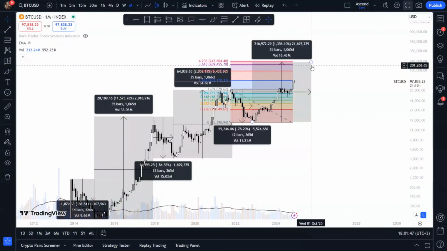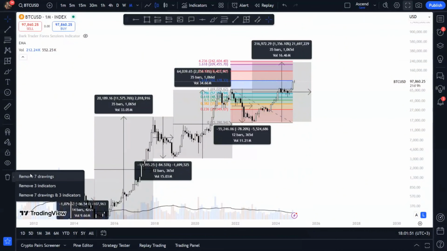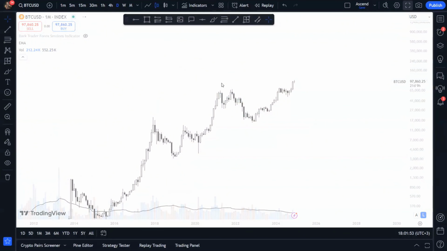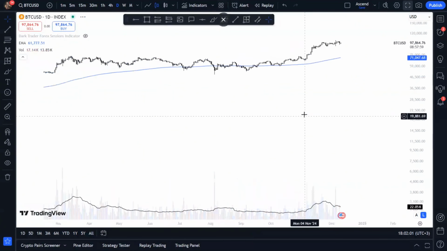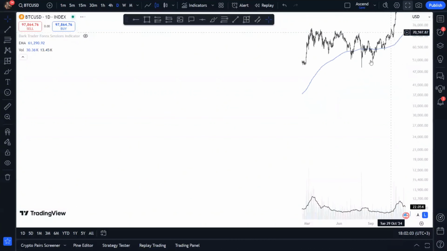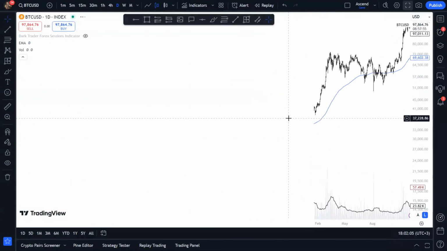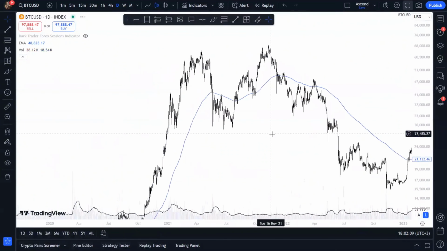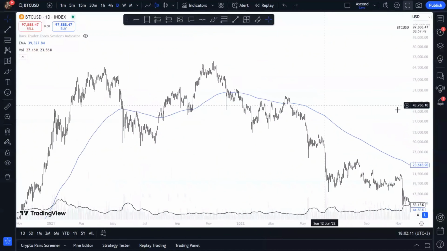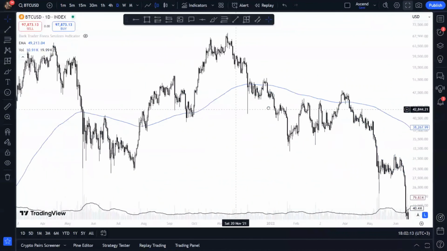But you will also need to pay attention to the charts, and this is the third sign, because you will have to switch to the daily chart and look for signs that buyers are losing interest, they are losing power, and they can't keep the price going more and more up. So for example, I will show you the previous bull run, what we had here.